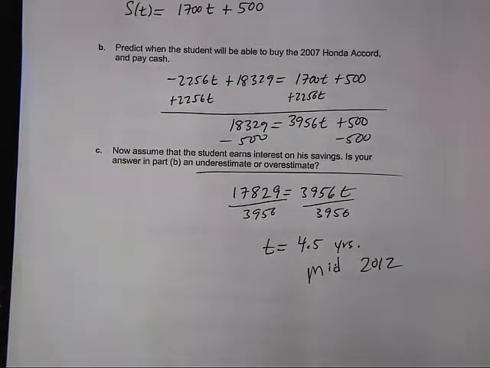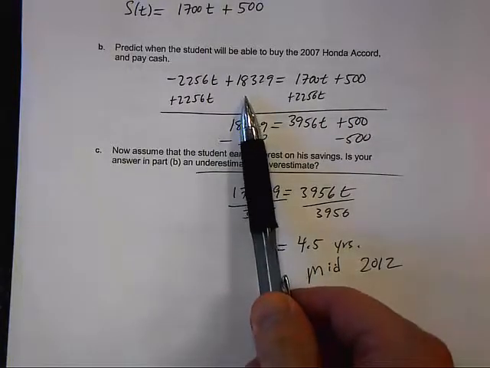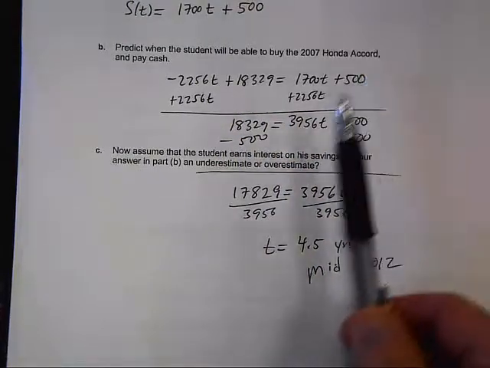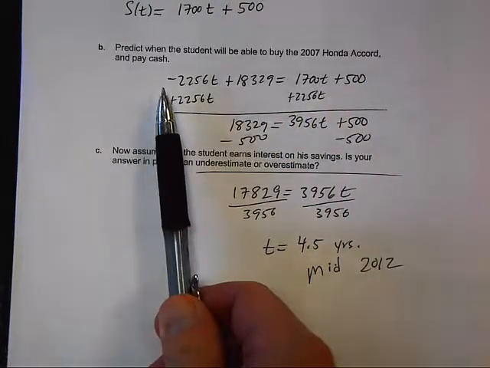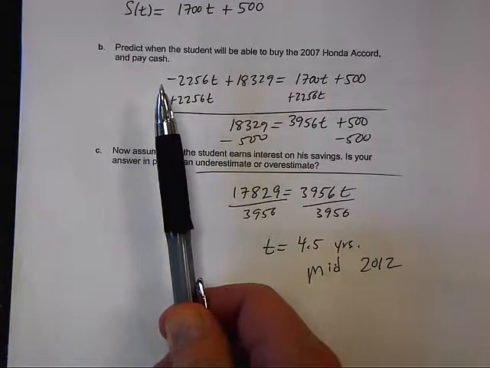When I did that, I forgot to make the negative 22,000, or whatever. I did plus for minus 18, and I got 4.76, which, even though it's pretty close, it's wrong. It shouldn't matter. If you did the minus 18,329 and moved that to this side, and did minus 1,700 and moved that to that side, you should get exactly the same answer.